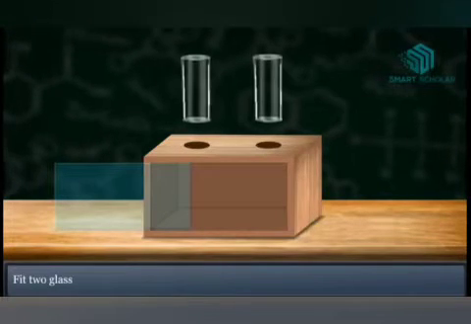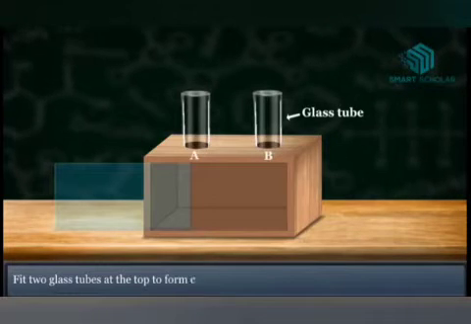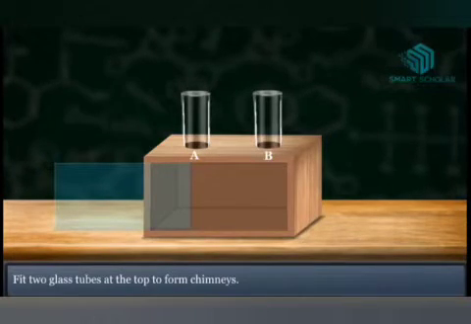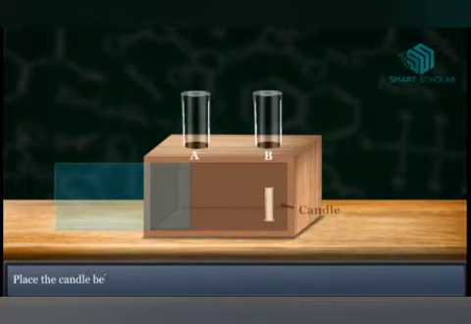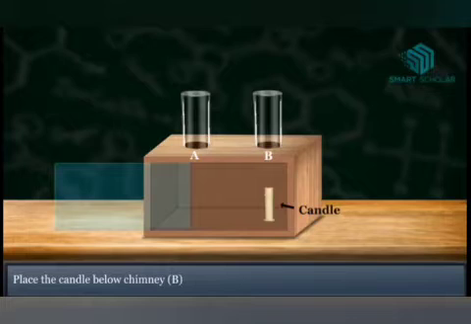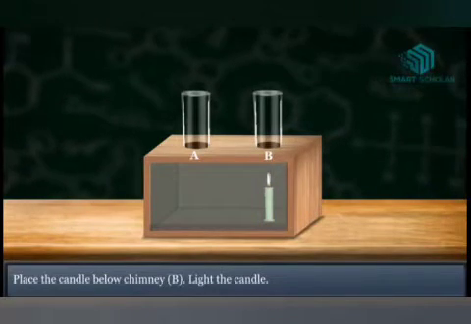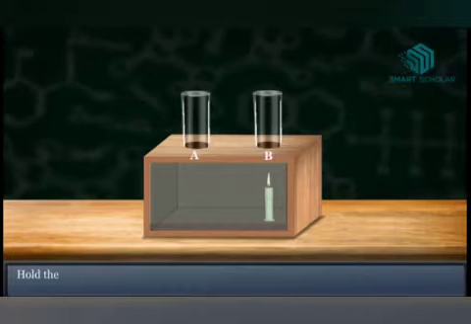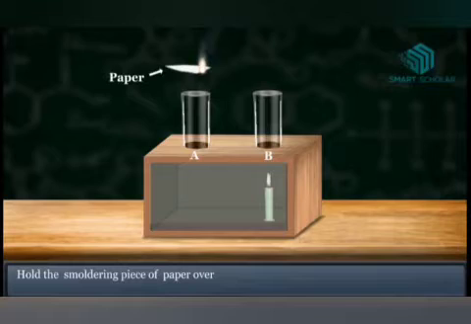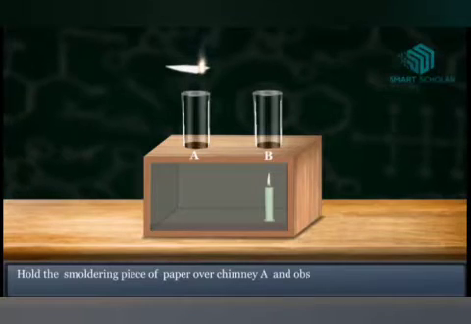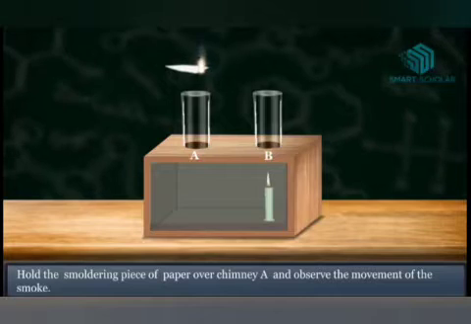Fit 2 glass tubes at the top to form chimneys, chimney A and chimney B. Place the candle below chimney B. Light the candle. Hold the smoldering piece of paper over chimney A and observe the movement of the smoke.